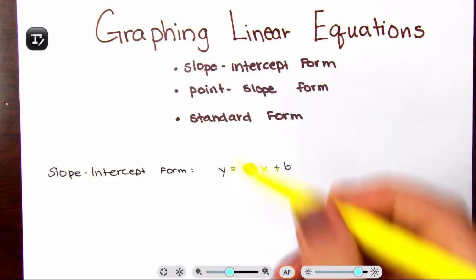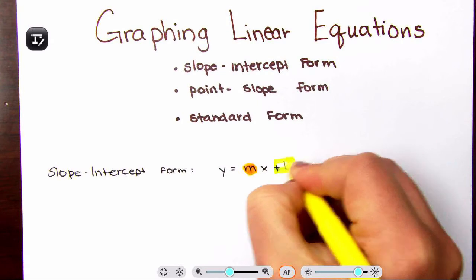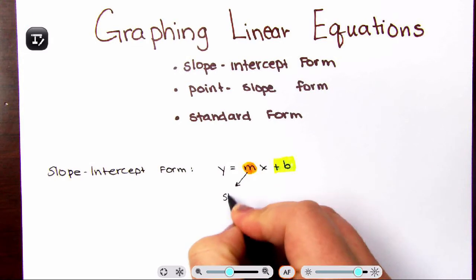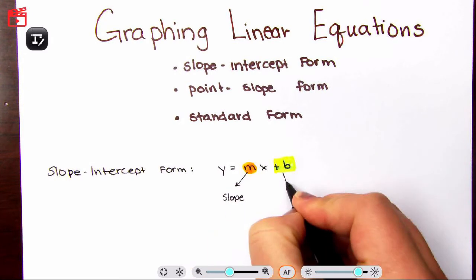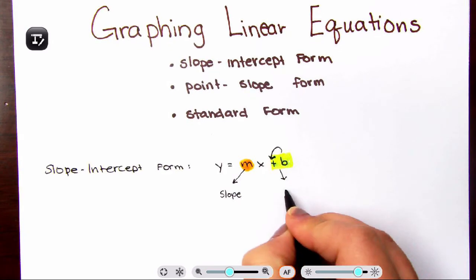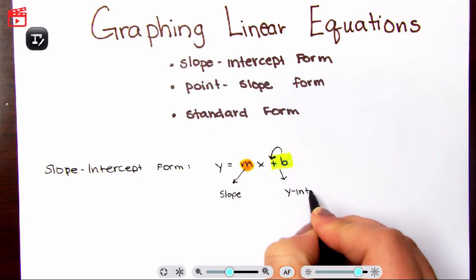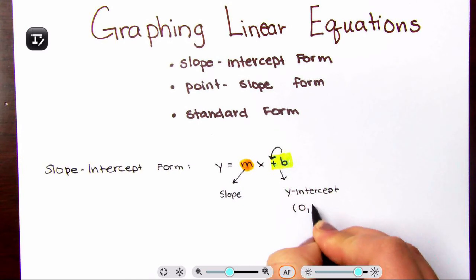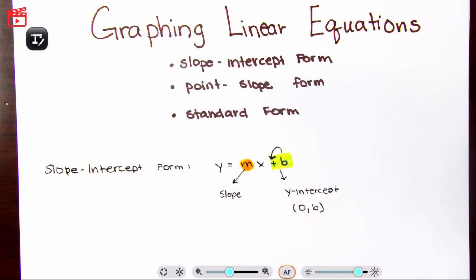Now, what is a y-intercept? A y-intercept is a point on the y-axis. So m is your slope, plus b, make sure you take the sign with it. So you're going to have 0, comma b, or whatever number that is.